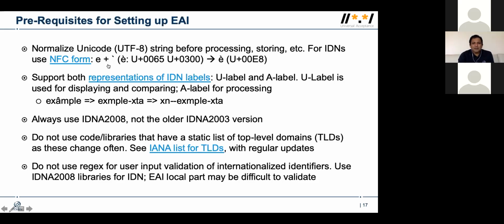So if you type that, you may be able to type that using a multiple key sequence, in this case, a simple E plus the accent. So this may involve two Unicode code points, basically, right? Or it could be just the single glyph here. In this case, this would be the code point.